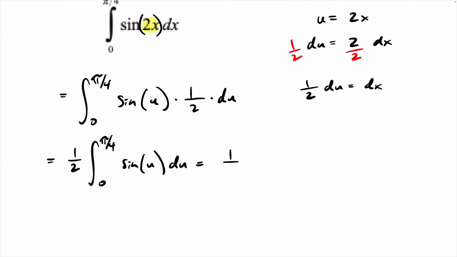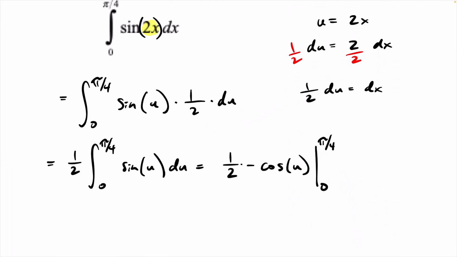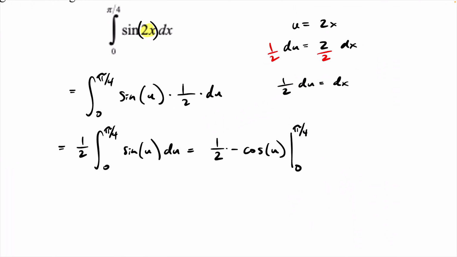So you have 1/2 times negative cosine of u, and you evaluate that from pi over 4 to 0. Move u back in and multiply, so it's negative 1/2 cosine of 2x, from pi over 4 to 0.